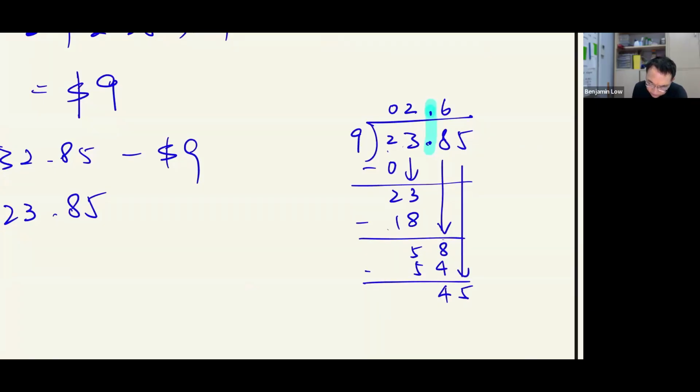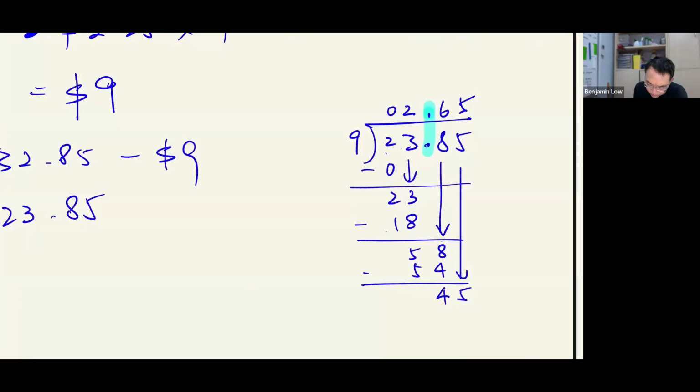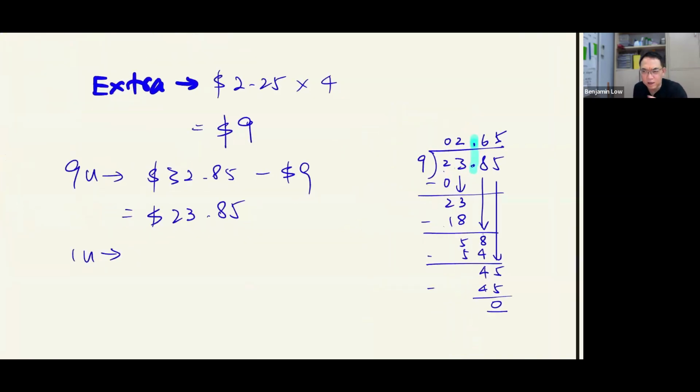And that's a 5. 5 times 9, 45. Remainder 0. Okay, now it makes sense. So 2.65. This is one of those things that will tell you that you made a mistake, like what I just did. So 1 unit is 23.85 divided by 9, and that gives me $2.65.